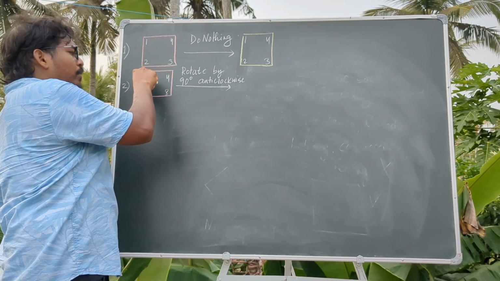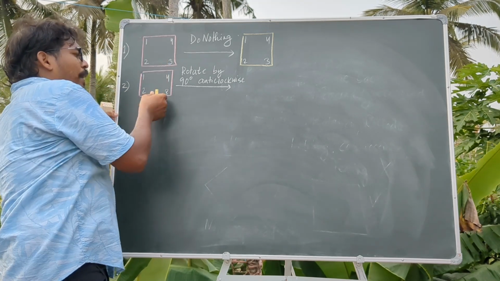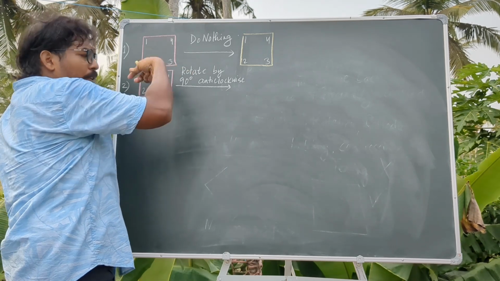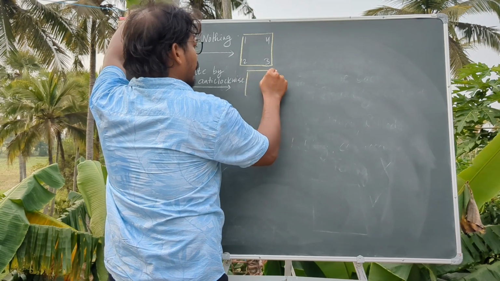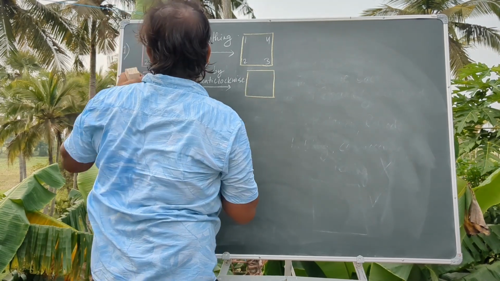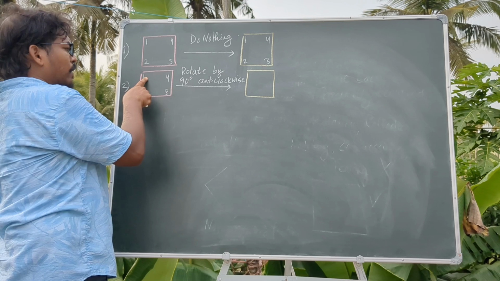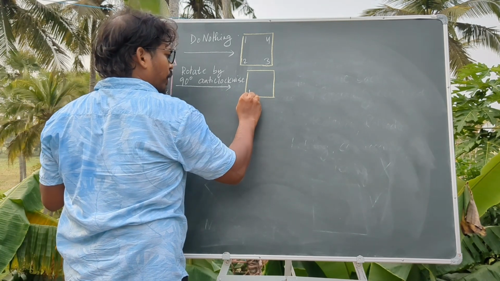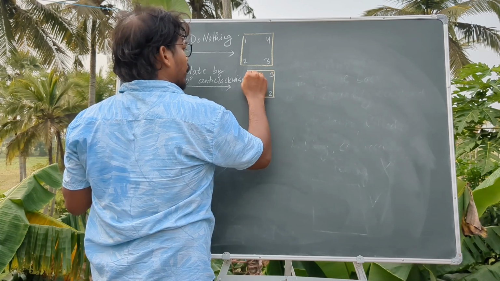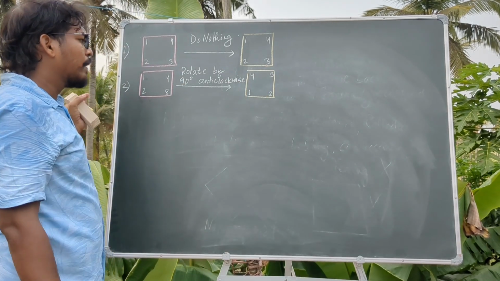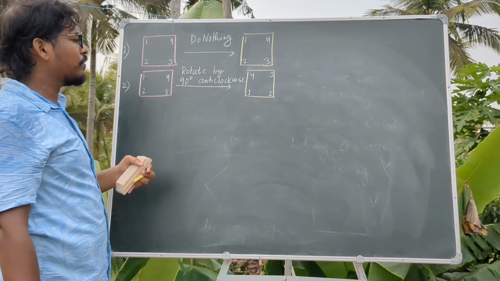This side will come to the bottom, and this one will come to the right side, and so on. We will get our square back. And the corners, 1 has moved to this position, and 2 to this one, 3 to this one, and 4 to this one. So corners have changed their positions.